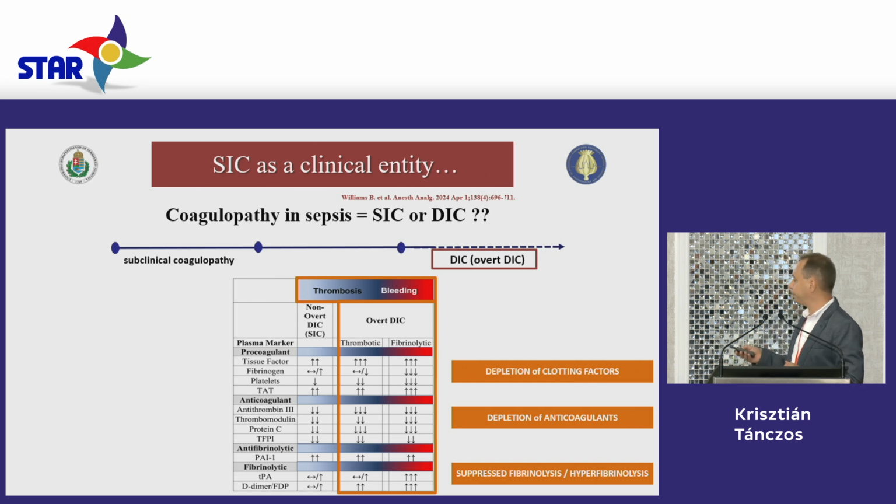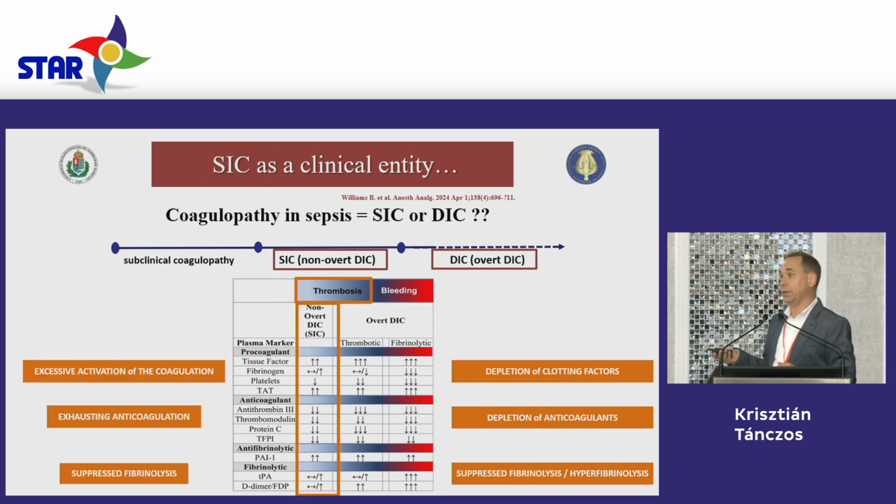In contrast, sepsis-induced coagulopathy, which is one kind of form of non-overt DIC, is characterized by an excessive activation of the coagulation, but without the depletion of the clotting factors. That's why the manifested clinical picture is the organ dysfunction due to the microthrombosis.